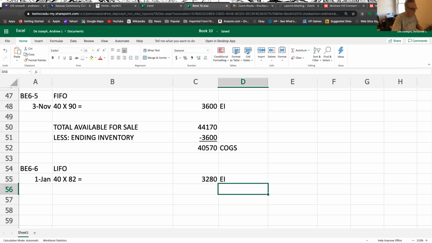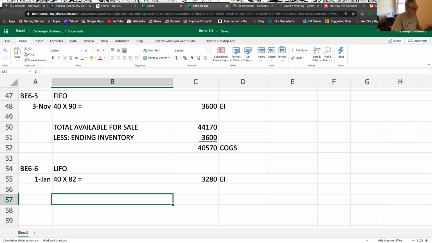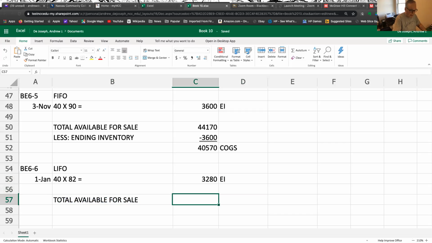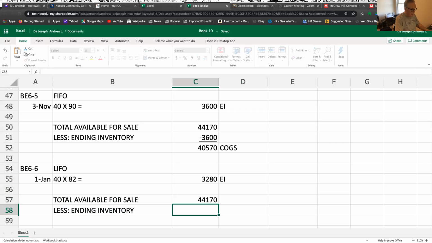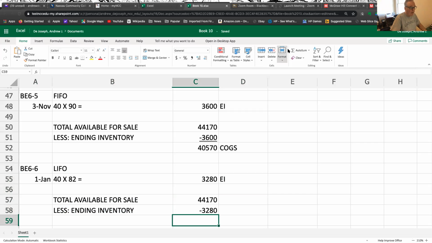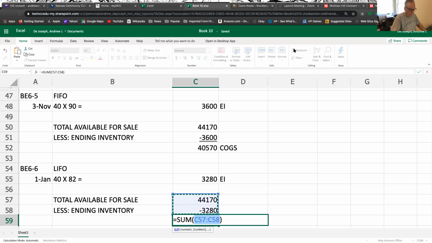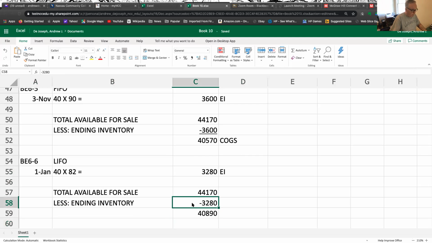That's the ending inventory. What's the cost of goods sold? It's the total available for sale, 44,170, less the ending inventory, which was 3,280. Right? That'll give you 40,890. Cost of goods sold.